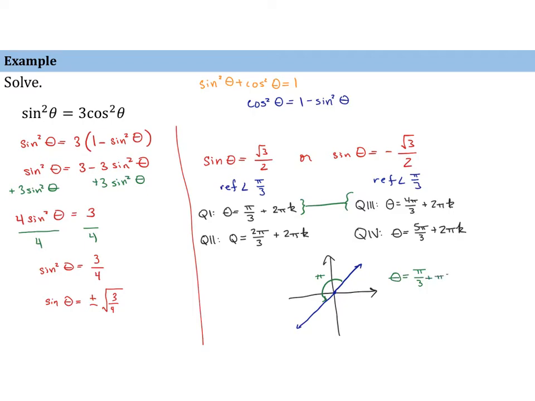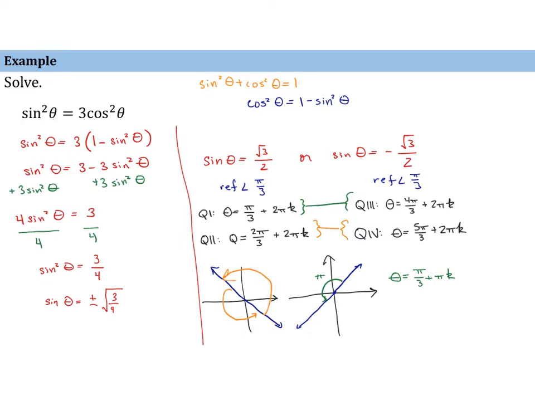So quadrant 1 and quadrant 3 solutions could be collapsed simply down to theta equals pi/3 plus pi k. We could do the same thing with quadrant 2 and quadrant 4. If we do quadrant 2 and quadrant 4, quadrant 2's angle, 2 pi over 3, and then 5 pi over 3 are again separated by pi units.